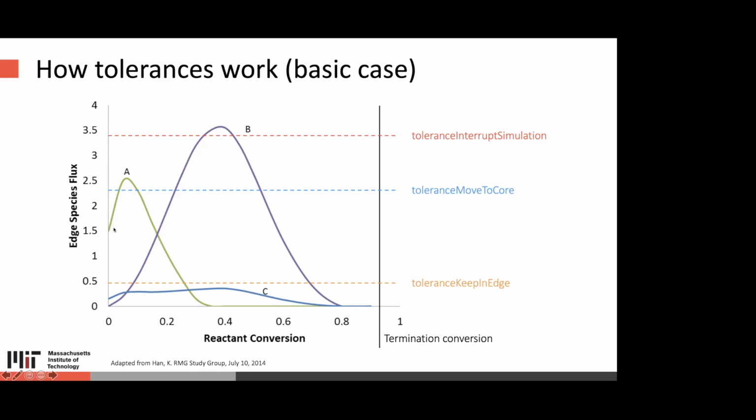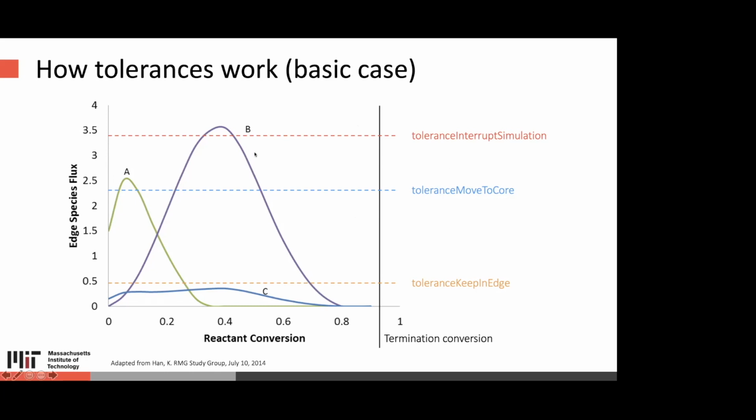Okay, so suppose we run this simulation, and you can see for species A, its maximum flux exceeded the tolerance move to core. So in this run, we'll think, oh, species A is really important. We should move it from edge to core. So A will be moved to core.